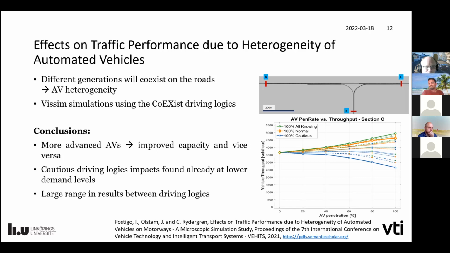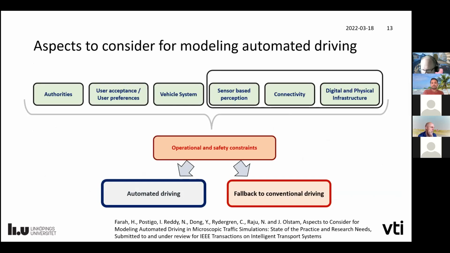And I thought then, no, sorry, I had one more slide. I forgot about it. Of course, I should mention the collaboration paper, state of the art, looking at these aspects to consider for automated vehicles. So this is the collaboration work with Hanin and Nagarjun and Narayana and Zhongxi.